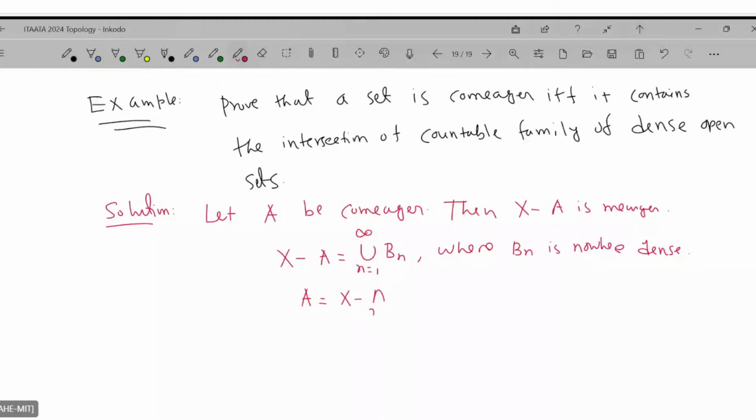Okay, so first write that. From here you can actually go. So this you can write as A equals X minus the union over n equals 1 to infinity of Bn, and this is the same as the intersection over n equals 1 to infinity of X minus Bn.